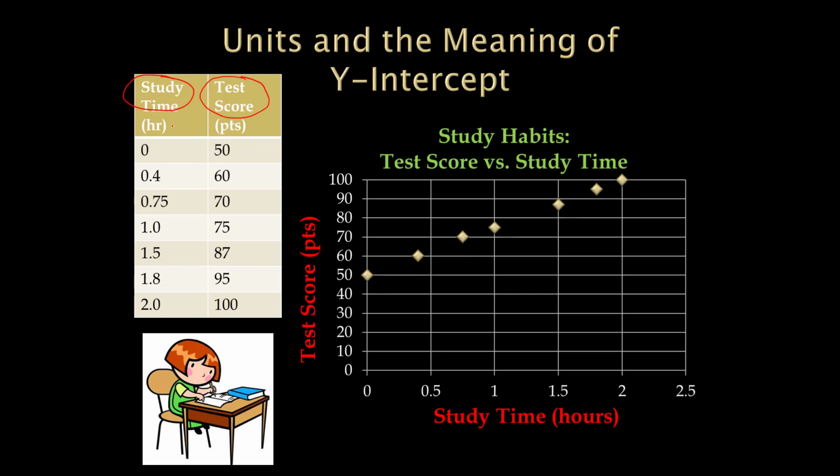Here we've said that hours is going to be the way that we measure our study time. It could be in minutes, in seconds, in days. But we've agreed that hours will be our way of measuring study time. Test scores: our standard way of measuring is going to be points on the exam. It could be percentage, it could be number of questions correct, but we've agreed here that points will be our way of measuring that.